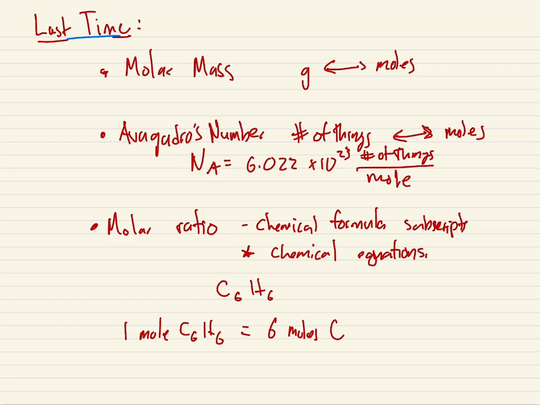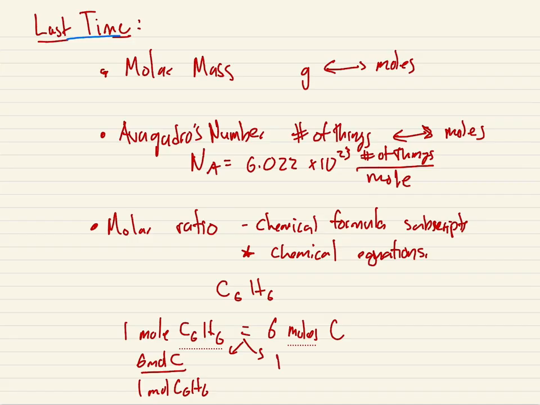And if we were to make this into a very specific ratio, we get 2 conversion factors from this. And what are our 2 conversion factors? 6 moles of carbon over 1 mole C6H6. Yep. And what's our other one?